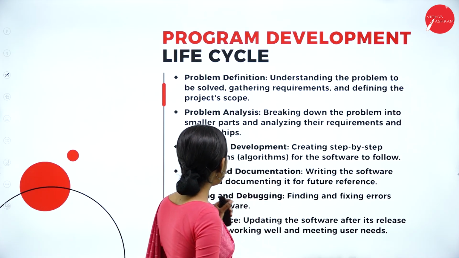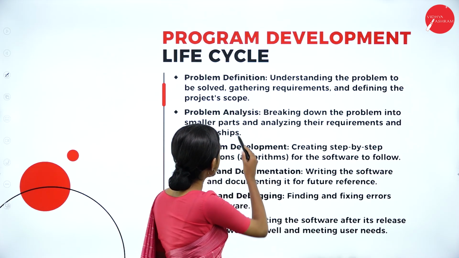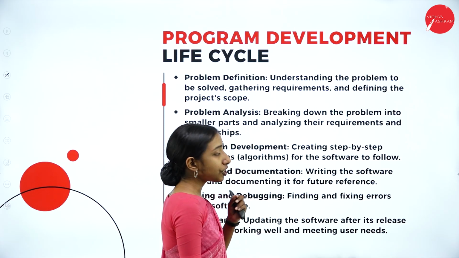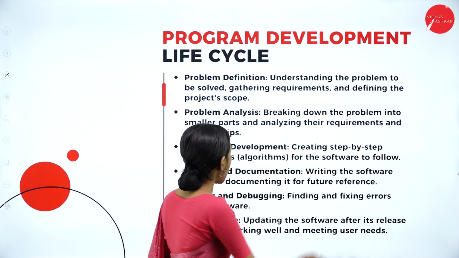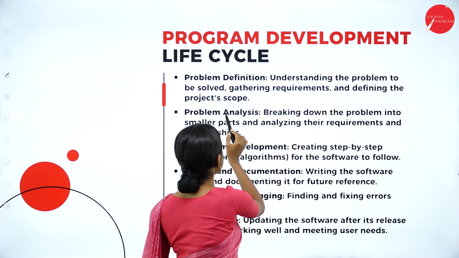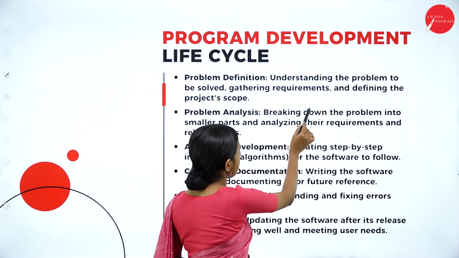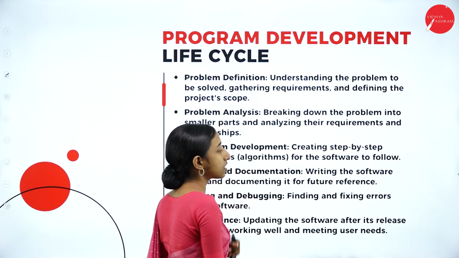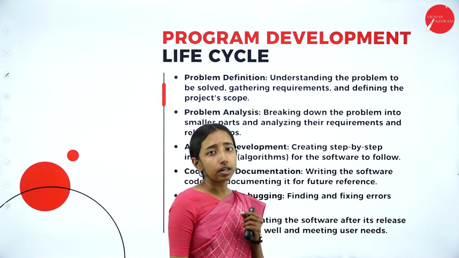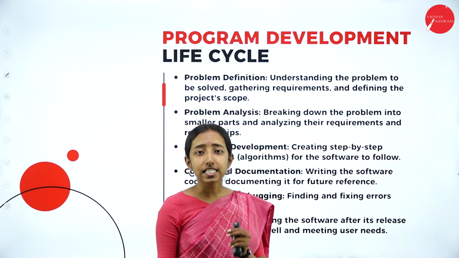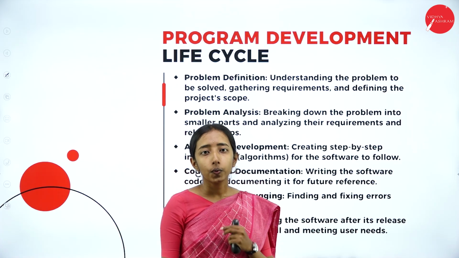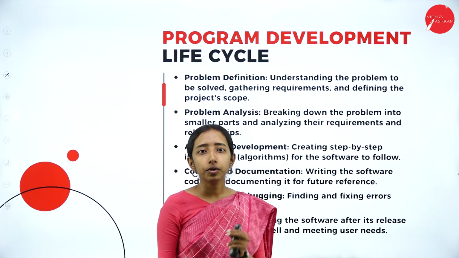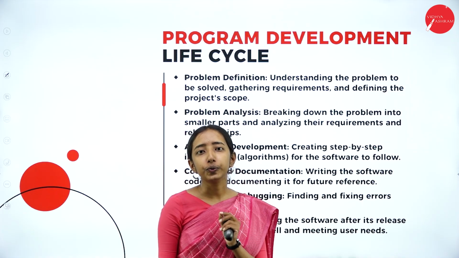Well, the problem definition. To understand what problem definition is, we should make sure we understand the given problem: understanding the problem to be solved, gathering requirements and defining the project scope. So in problem definition, we mainly understand what the given problem is. For example, we are given a problem to add two numbers.